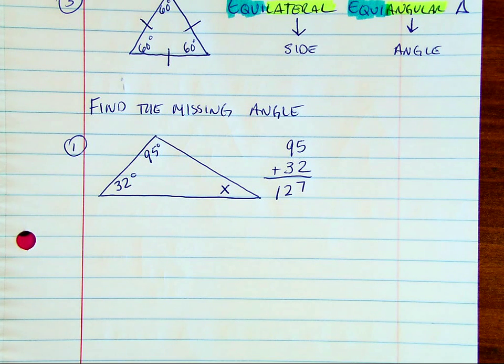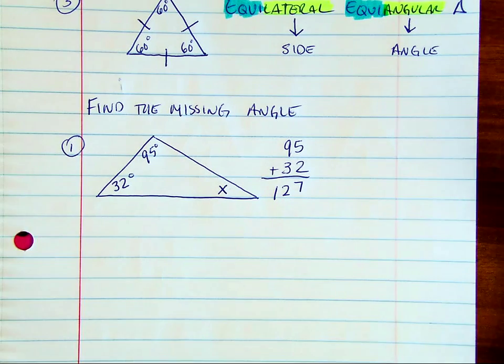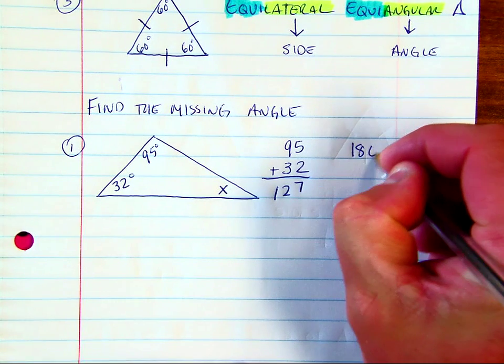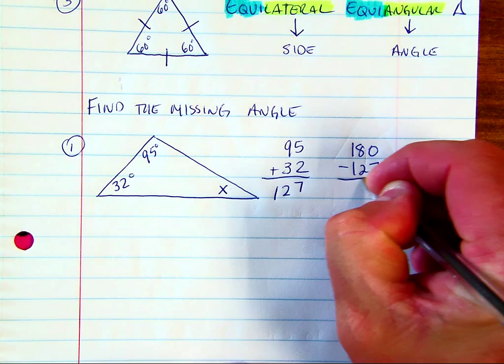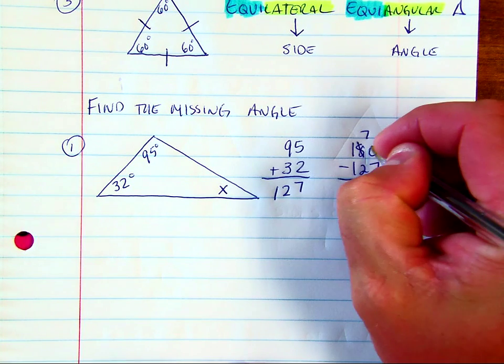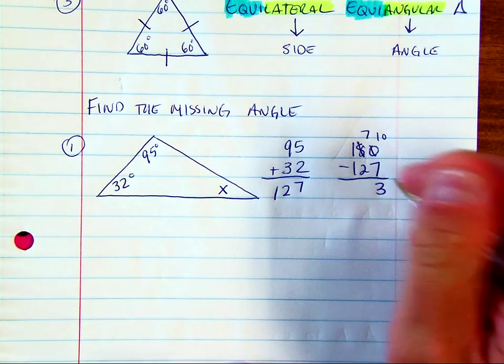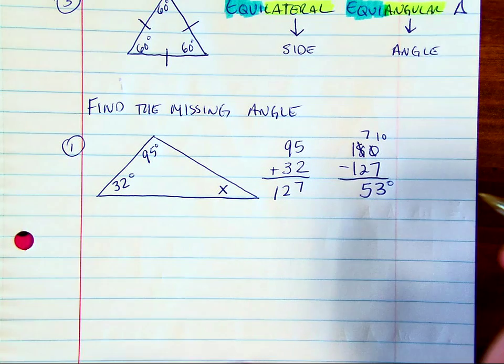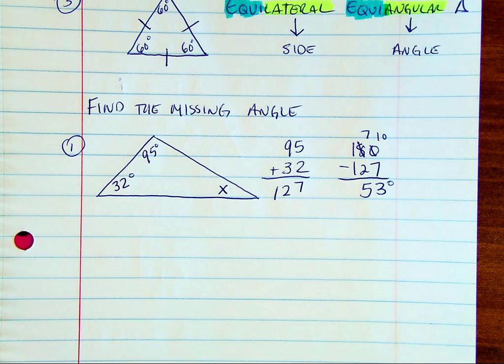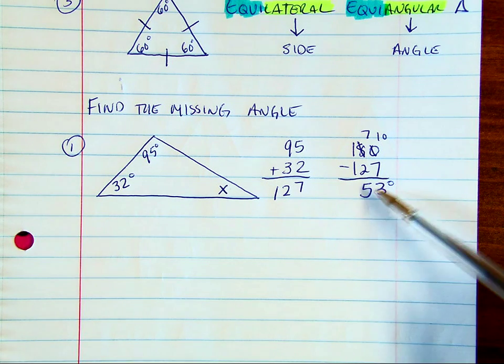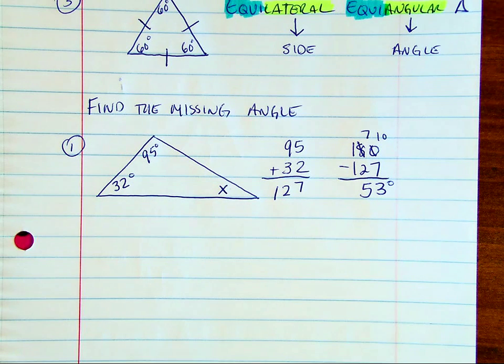And in order to figure out what this third angle is, we would have to subtract 127 from 180. And you get 53 degrees. 53 plus 32 plus 95 add up to 180 degrees.